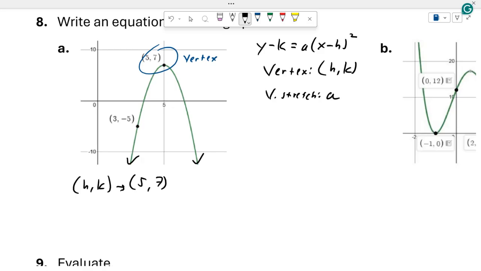What that means is because it's pointing downward, A has to be negative. So A is less than 0. All right, so we've narrowed it down to being a negative number, but now we need to figure out what that negative number is specifically. So with A, I'll do this over here as a sidebar. We'll do this.